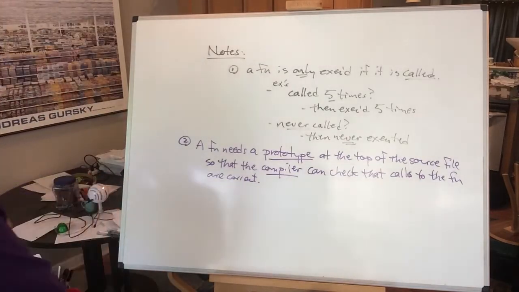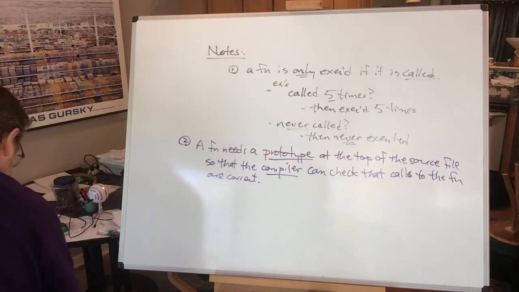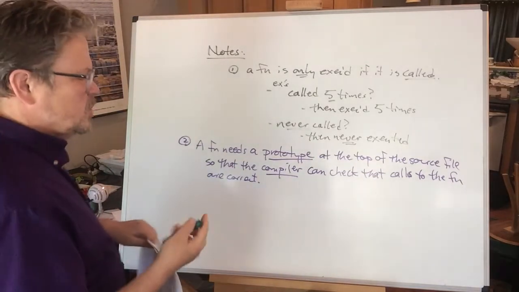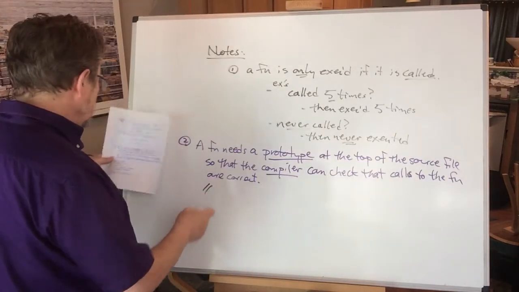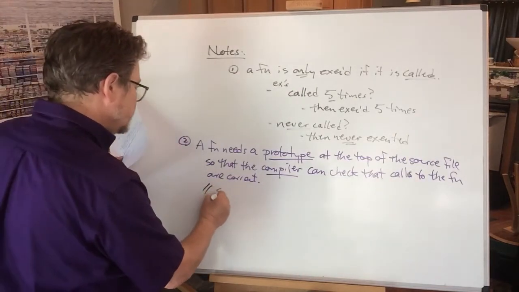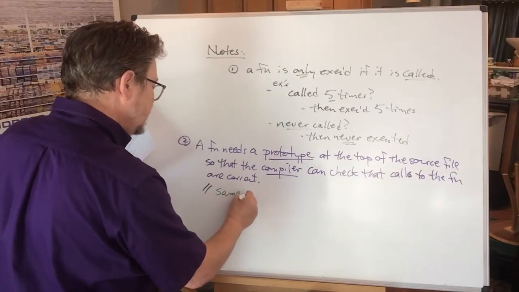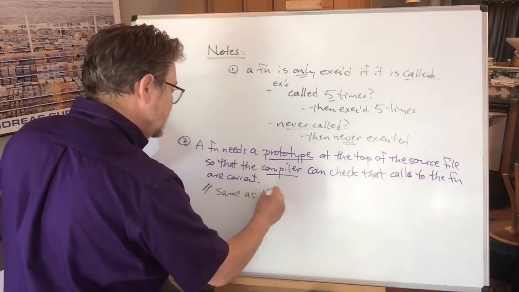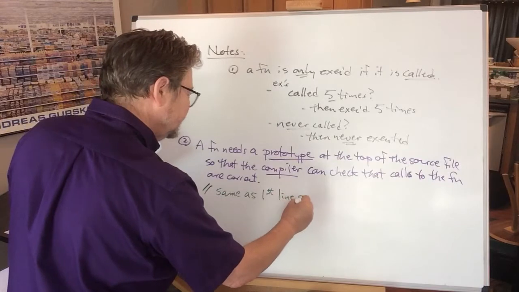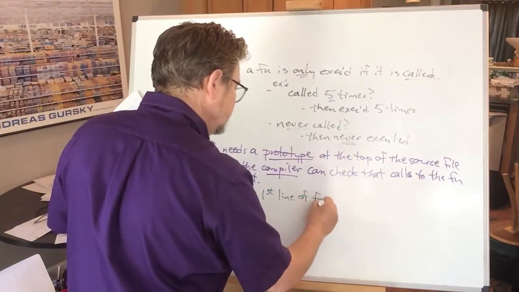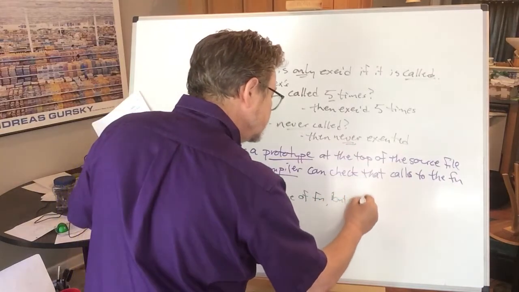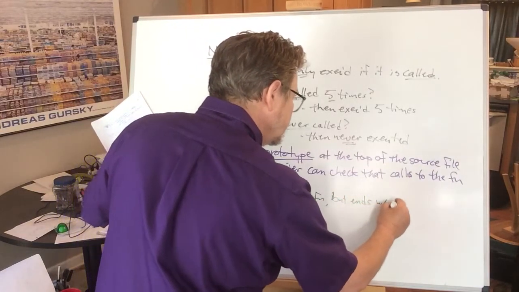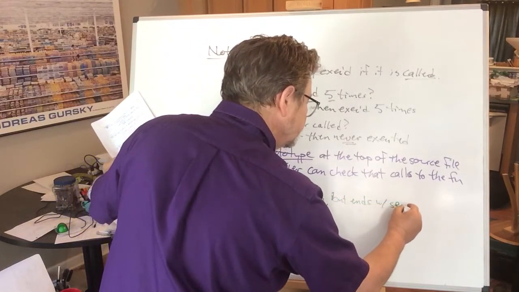And you might think, well, how on earth am I going to make one of those? This is actually usually one of the last things I do. You can do this after you've already written the function. Here's a comment. Same as the first line of the function, but it ends with a semicolon rather than an open curly bracket.